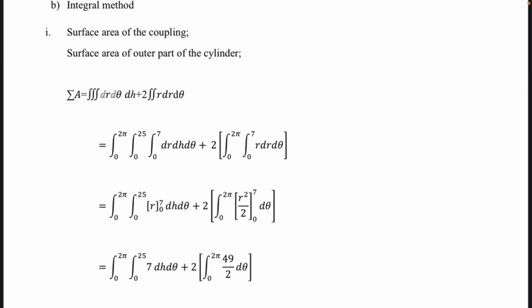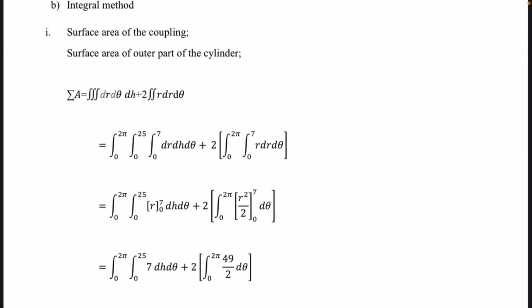Okay, we're going to key in the formula using our measurements. We integrate from the innermost part to the outermost part. For dr, dh, d theta, we integrate dr first, with the limit 0 to 7, which is 0 to the radius.